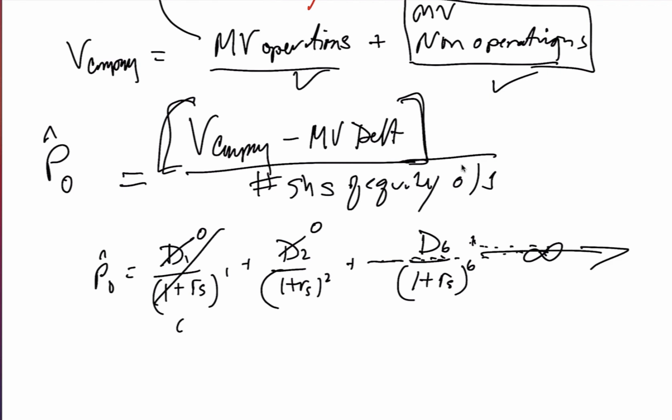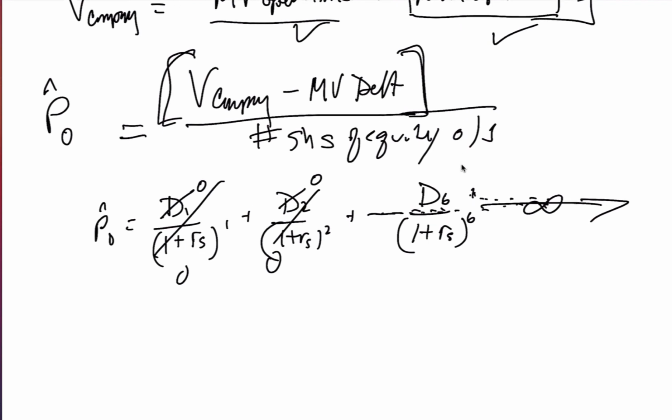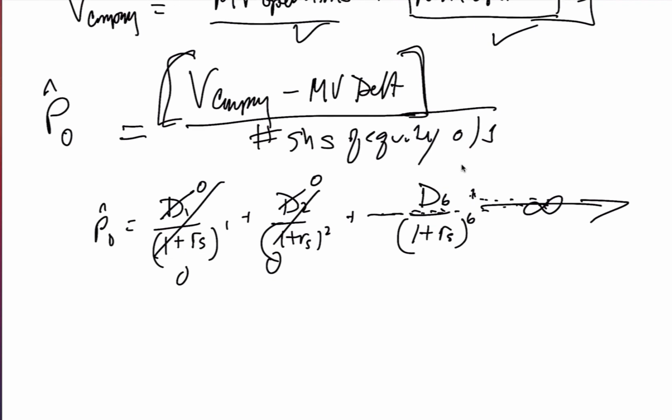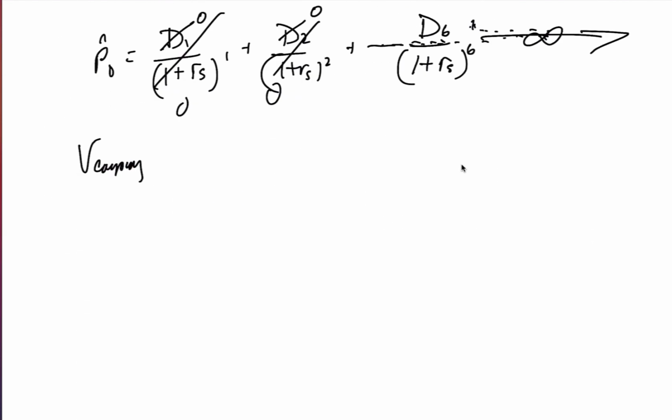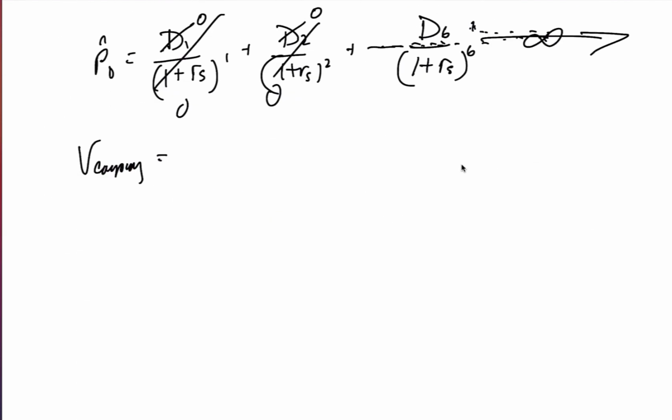Just that these are all zero initially. That's how you would value a stock using the dividend discount model, even though the company doesn't pay a dividend right now. Well, with the free cash flow model, we're going to value the company, meaning the asset side of the balance sheet initially, by the same type of method.